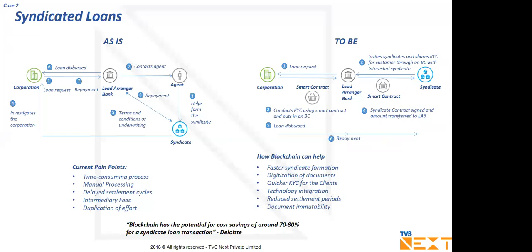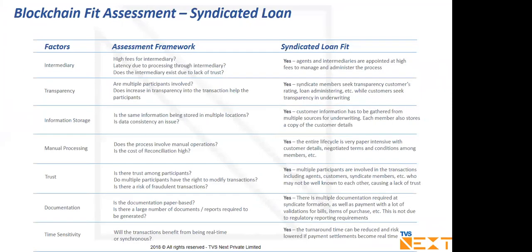So it can help on KYC, it can help reduce settlement periods, and every document that is getting recorded is completely immutable. In a similar way, we also try to fit this into the assessment framework again, and see on the basis of factors how the syndicated loan fits.